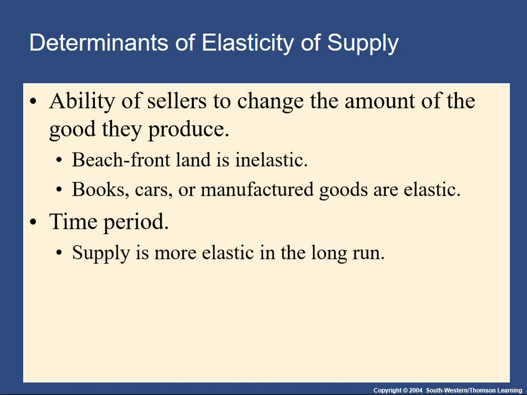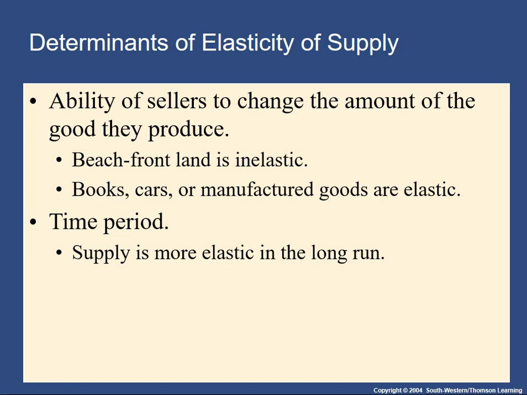And if we take a look at the time period, that's important too. Sometimes suppliers require time to respond to changes in price. So if we measure supply over a long period of time, like a year or two, and the price stays high, then you're going to see a big response. Suppliers will have time to react to it.